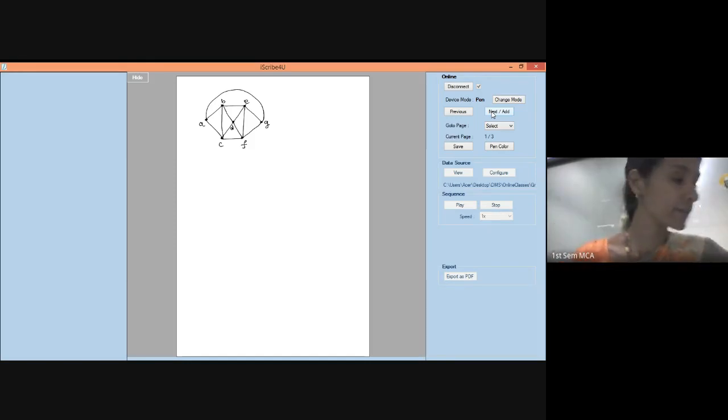Can you color it and tell me the chromatic number of this graph? Note down this graph and start coloring it, and tell me the chromatic number chi of G. Let me have some answers. Are you all doing it?